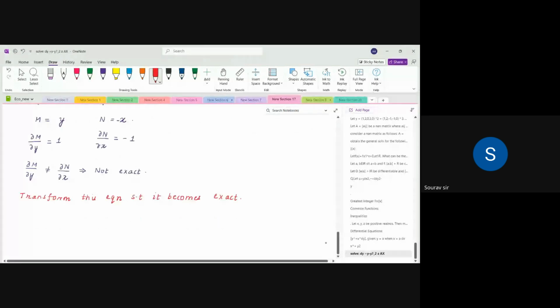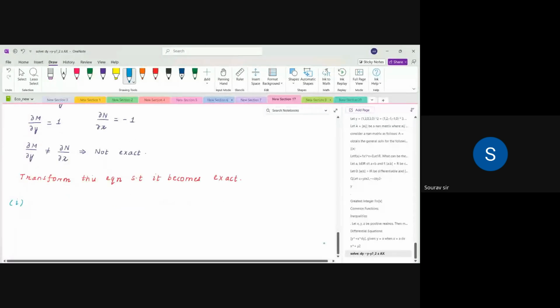All right. Now suppose I have my original differential equation, right? And I multiply that by, let's say, 1 by x square. Okay. So what is the differential equation that I get if I do this? Can anyone tell me?